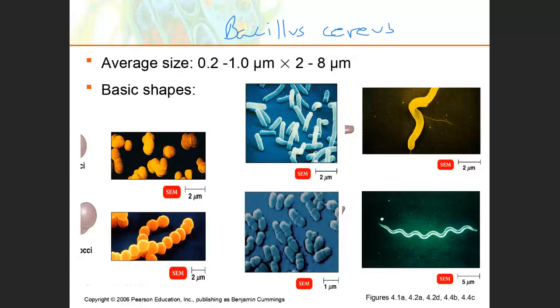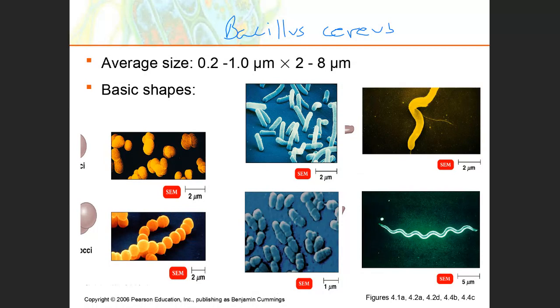So not every rod-shaped bacterium is in the genus Bacillus. For example, E. coli is a rod, but it's in the genus Escherichia, not Bacillus. So let's just use the term Bacillus only for the genus, and then we'll just use the word rod for the shape, and that minimizes confusion.